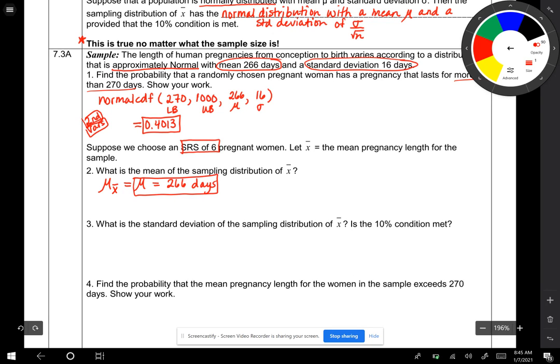On number 3, what is the standard deviation of the sampling distribution? Is the 10% condition met? Well, it's definitely reasonable to assume that there are more than 60 pregnant women.